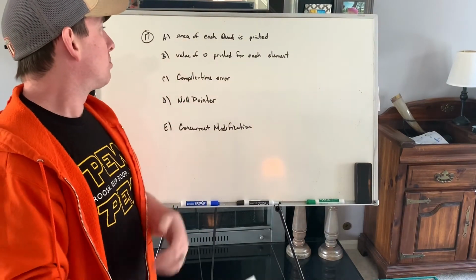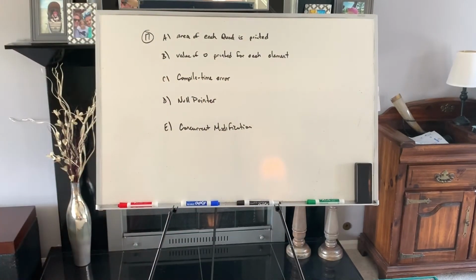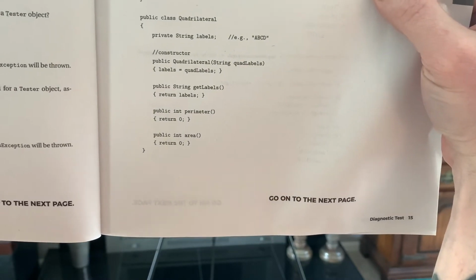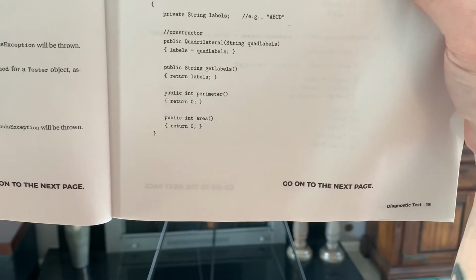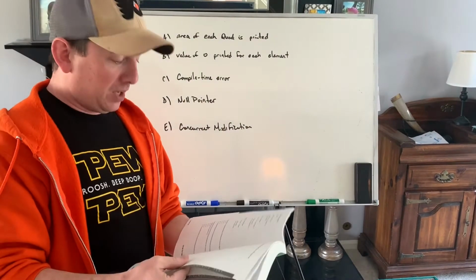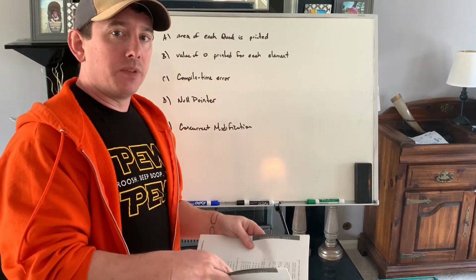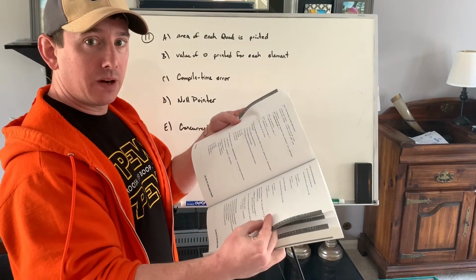The value of 0 is printed for every single element. Well, you might think that because if you go back to the quadrilateral class, you see that if you call dot area, you get 0. But while that's what a quadrilateral does, each of the more specific quadrilaterals also has its own dot area method.